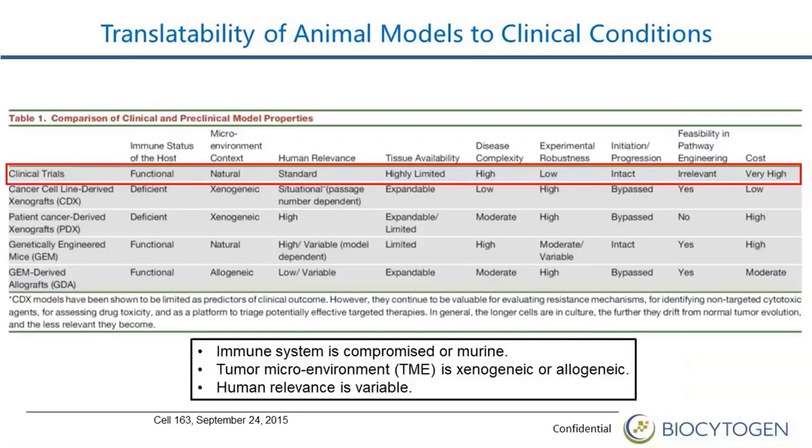But compared to the clinical trial or human conditions, all these models are not really relevant to human conditions. That includes the immune system being compromised, the tumor microenvironment being syngeneic or xenogeneic, and the human relevance being really variable. So the results from these animals are very difficult to translate to the human condition.